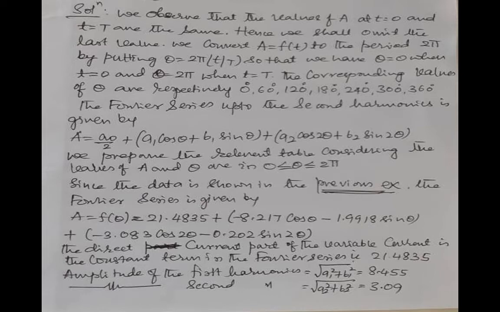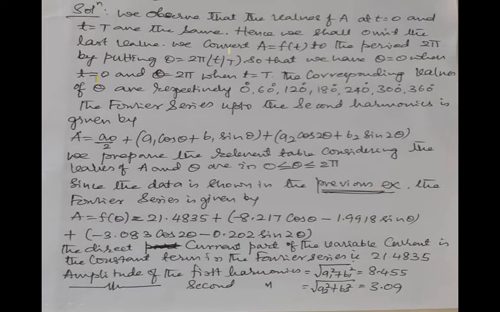The solution is given as: we observe that the values of A at t equal to 0 and t equal to capital T are the same. Small t will be the variable, capital T will be the parameter. Do not confuse or mix them. Hence, for convenience, we shall omit the last value, to define the cycle.